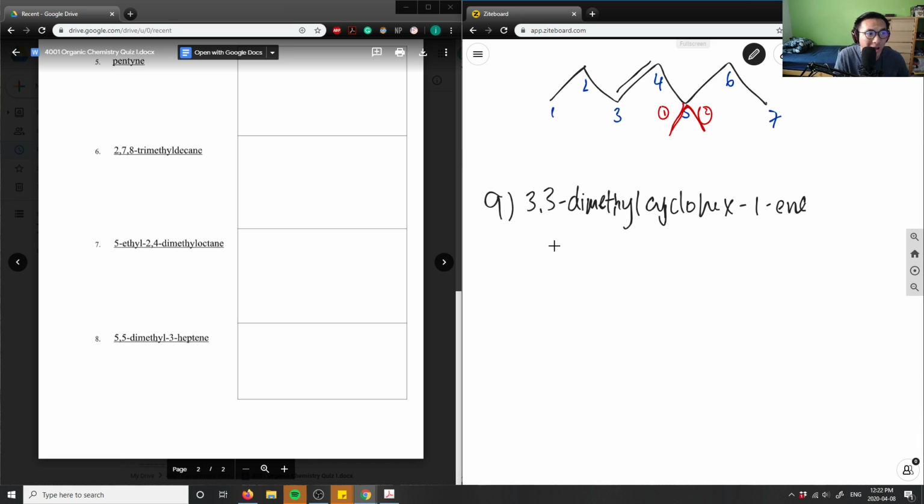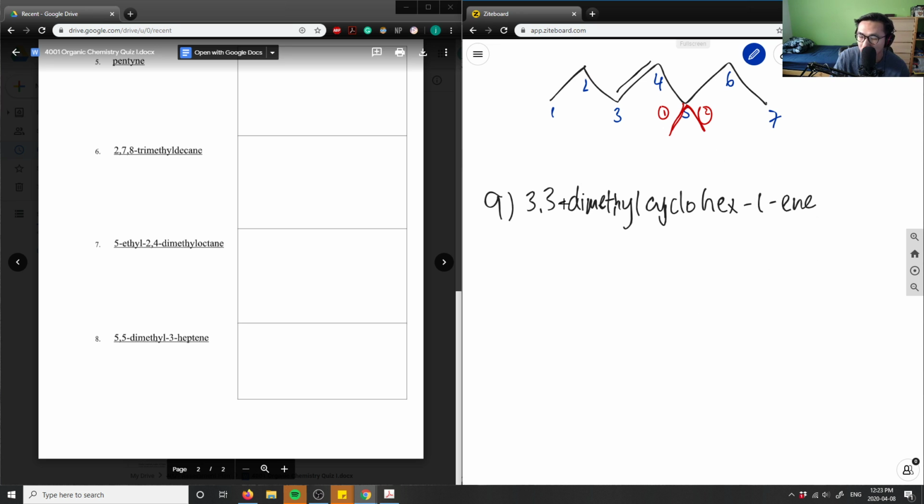I could have rewritten this as just cyclohexene, and the 1 is implied. That the double bond here is implied. It's on carbon 1, but maybe I'll write cyclohex-1-ene for you, so it makes it a little bit more clear. So again, how would we draw this organic compound?